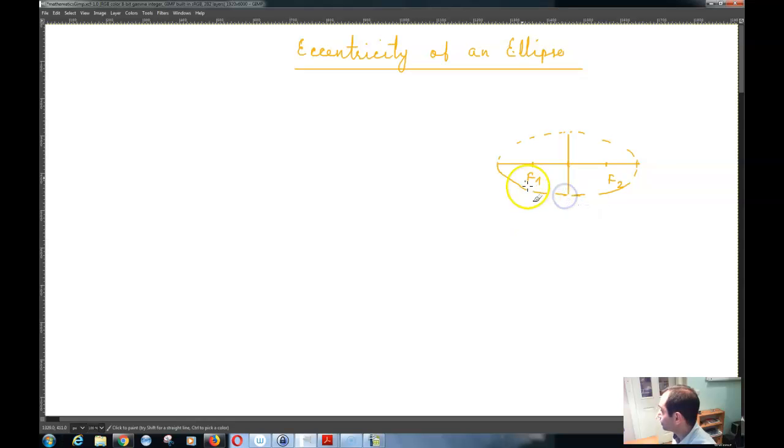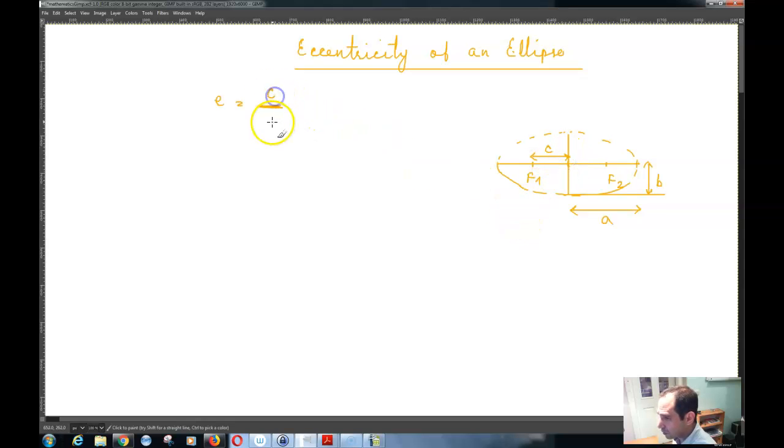Now the eccentricity is just a ratio, and it is denoted by E. It's just a ratio of C to A. Let's suppose this distance over here is A. This distance over here is B, and C is this distance over here.